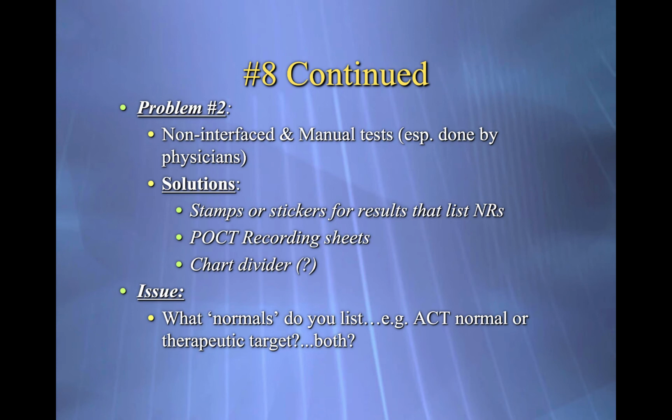Now I have to reprint all the dividers and trade them out all over the institution to make sure the right one's in. And what normals do you actually list? So for an activated clotting time, do you list the normals, or do you list the therapeutic target ranges, because that's what the anesthesiologist in the OR is interested in, or both? And I would suggest doing both.